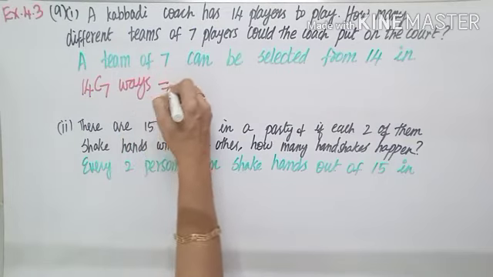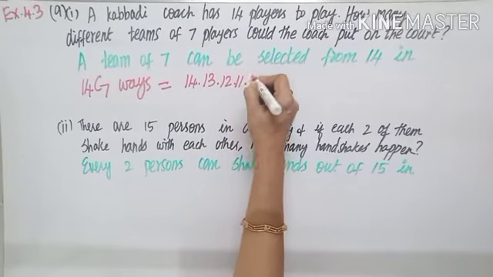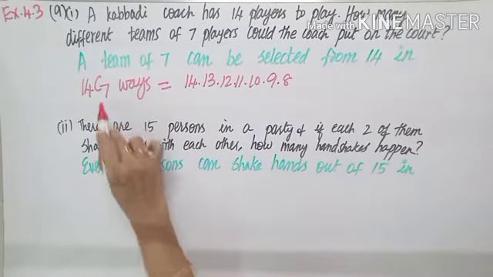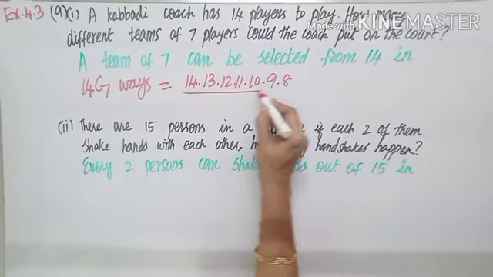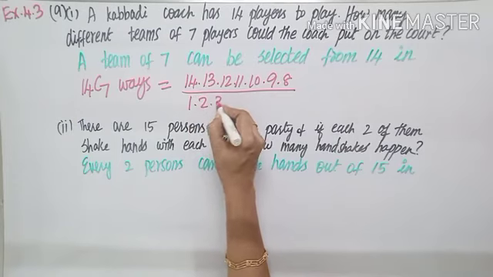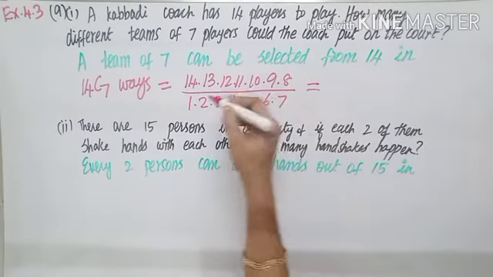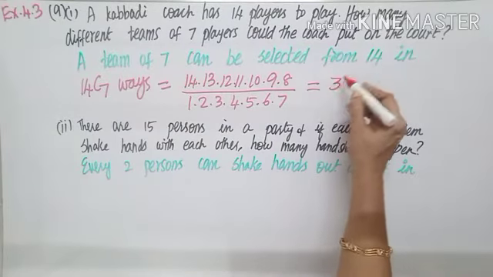How to find 14C7? 14, 13, 12, 11, 10, 9, 8. How many numbers should I write? 7 numbers. 1, 2, 3, 4, 5, 6, 7, divided by 1, 2, 3, 4, 5, 6, 7. Cancel and write the answer. It is 3,432.